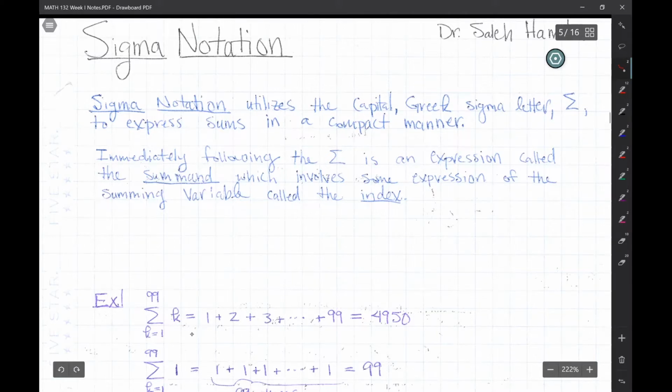So for the first one, k equals 1, we get 1. For the second one, k equals 2, we add 2 to it. We could continue doing this all the way up to the upper limit of 99 to get that this whole sum, now expressed in a very compact manner, is equal to 4950.